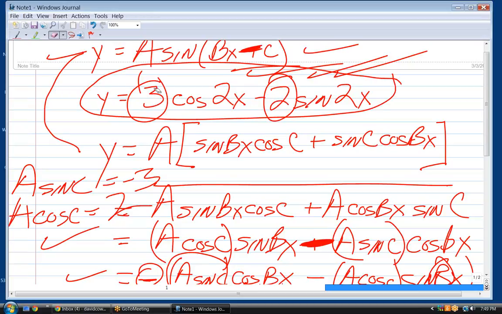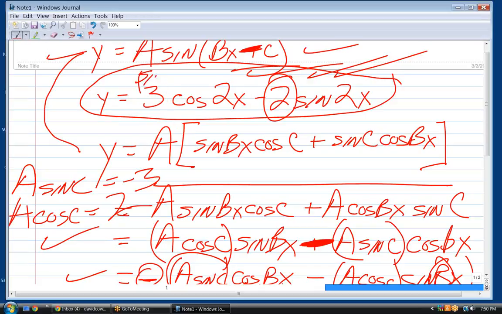Well, 3 would have to be the sine of C. So A times the sine of C would have to be 3, which makes A minus 3 over sine C. Wow. That's the sine of C right here.